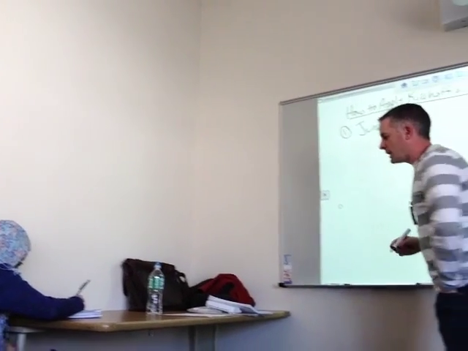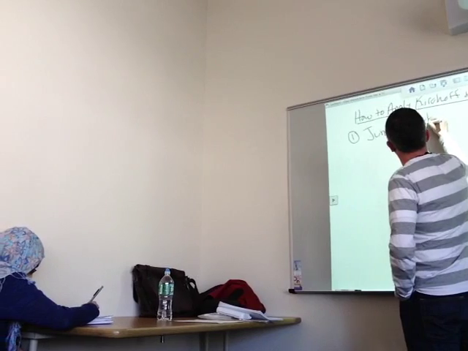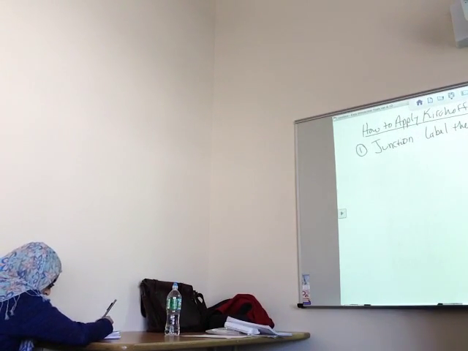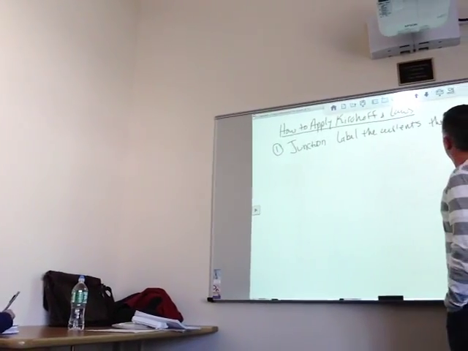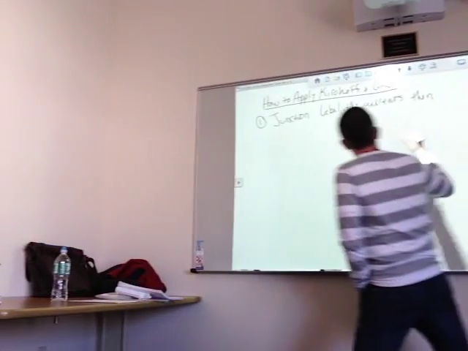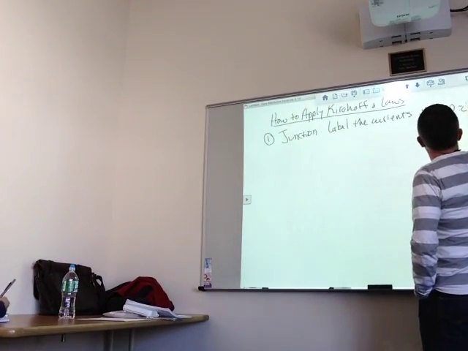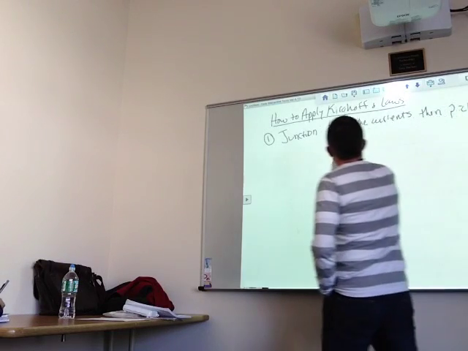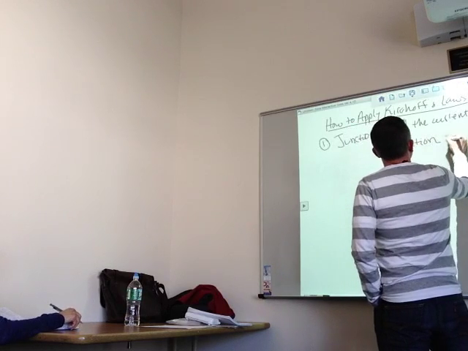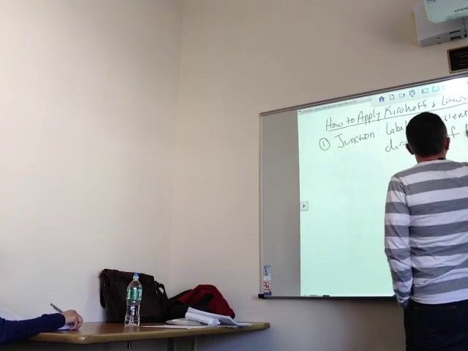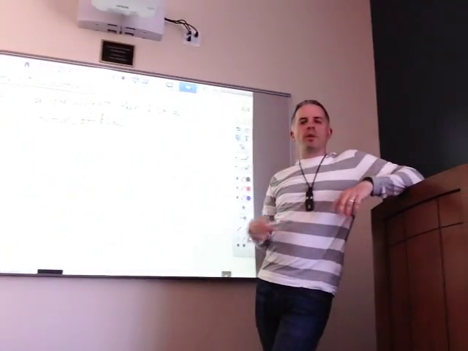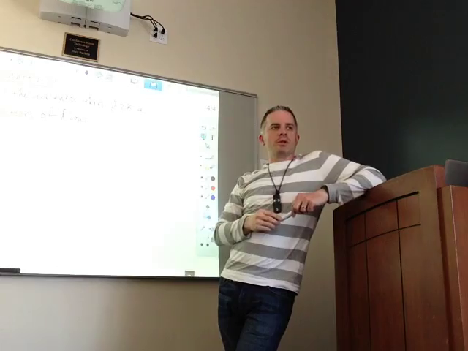What we want to do is first label the currents, and then pick a direction for them to flow. It'll make sense. We're going to do a problem where we'll come up with some information from it.